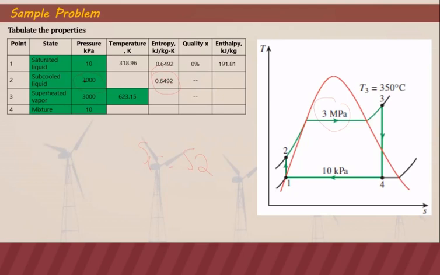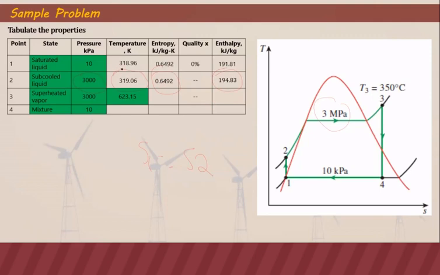So by using these values, we can get the temperature and the enthalpy, and that is 319.06 Kelvin, and for the enthalpy, that is 194.83. As you can see here, there is a slight increase now of temperature between 1 and 2.